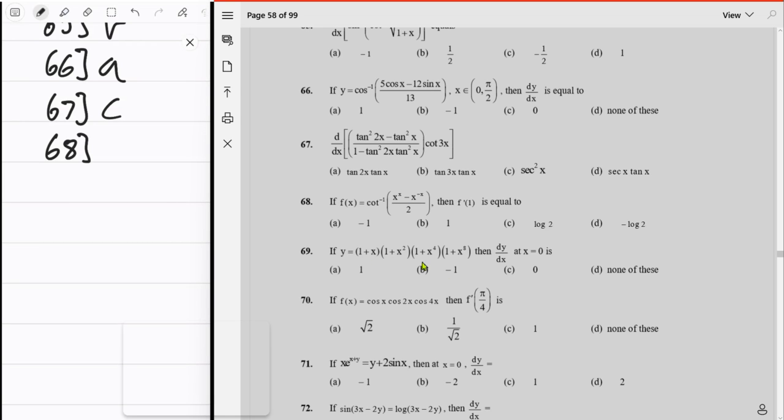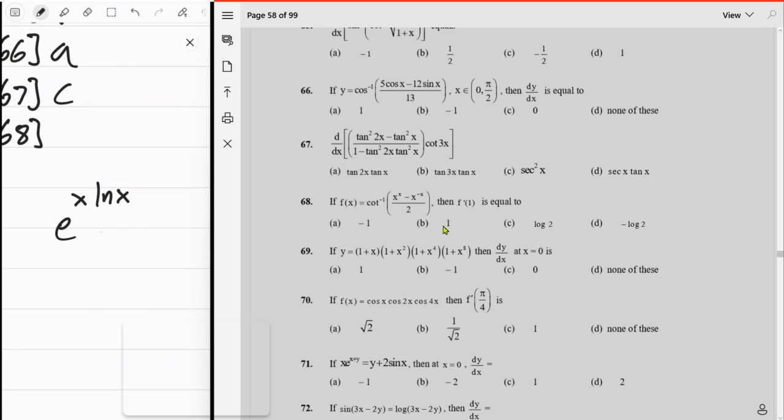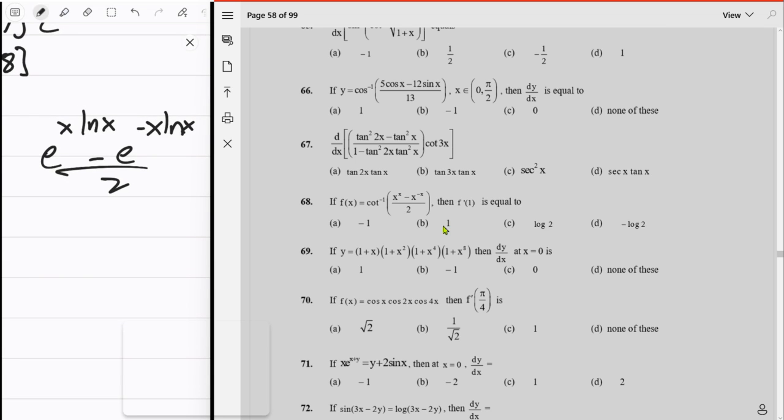Just hate this actually. So, okay, you might have x power x and then plus x power x because you will have the exponentials repeating themselves, and then you will have the derivative of e power exponential log of x thing. This is so bad. So, right, you can write like e power exponential log of x minus e power negative exponential log of x upon 2, which, guess what, is just what, sine h of x.